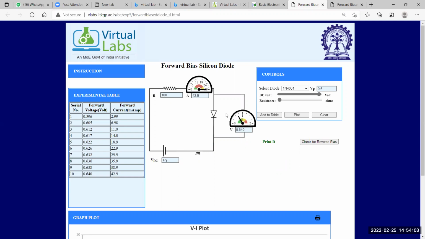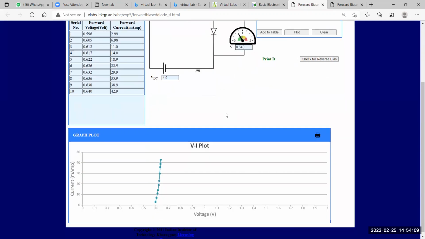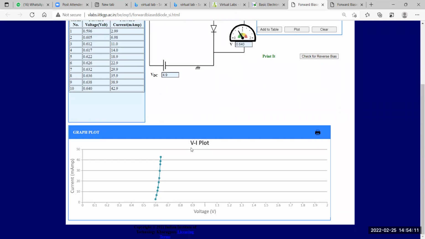Okay, and basically up to 6 voltage, there is no current, and practically there is a few current due to some minority carriers.